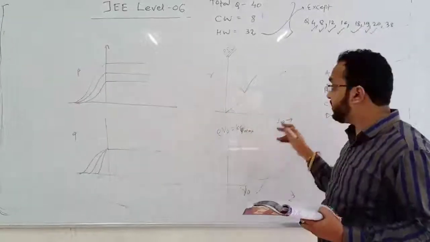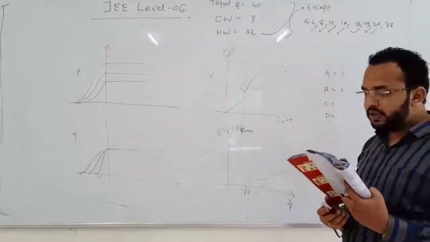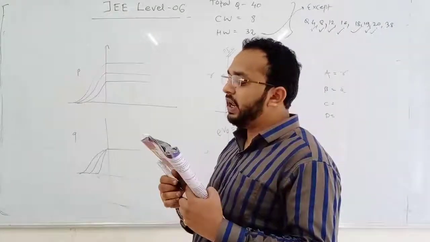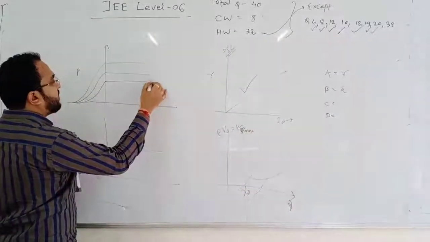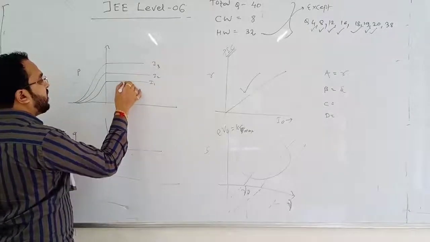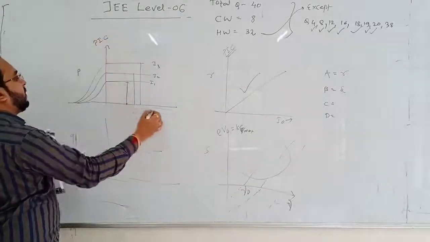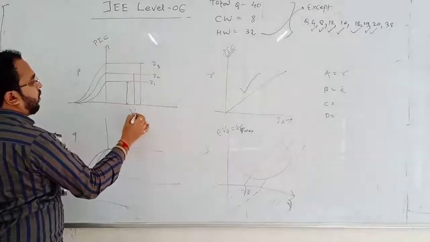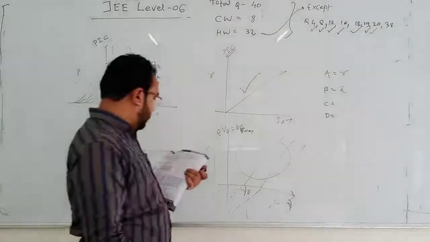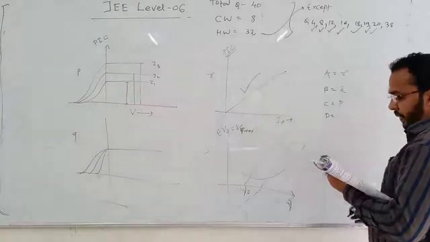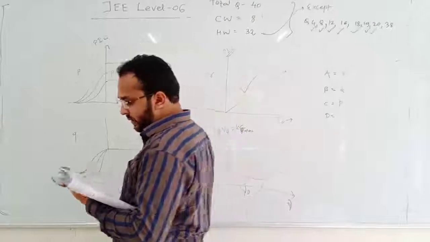These are the options. I am reading the questions. So A is R, B is S, second option I read S. Option C. Photocurrent versus applied voltage for different intensities of radiation. I had told you about different intensities. This is intensity 1, intensity 2, intensity 3, saturation current 1, saturation current 2, saturation current 3. Okay, so this is the curve, photoelectric current versus collector plate voltage. Next option D. So C will be P. Option D, photocurrent versus applied voltage at different frequencies.